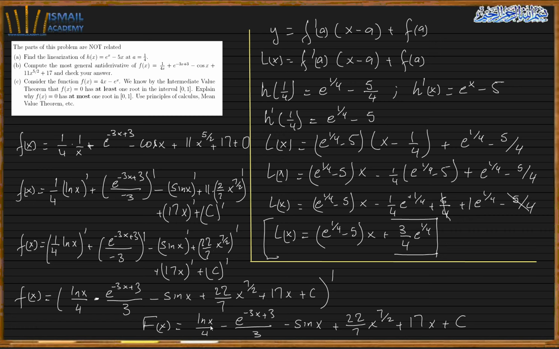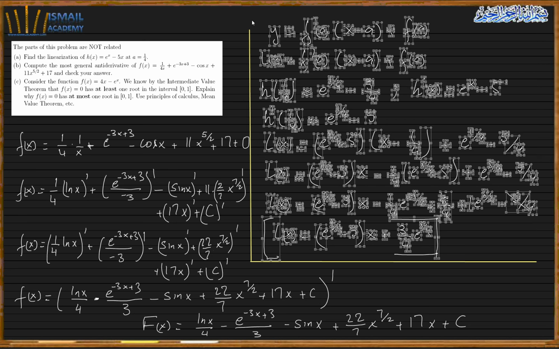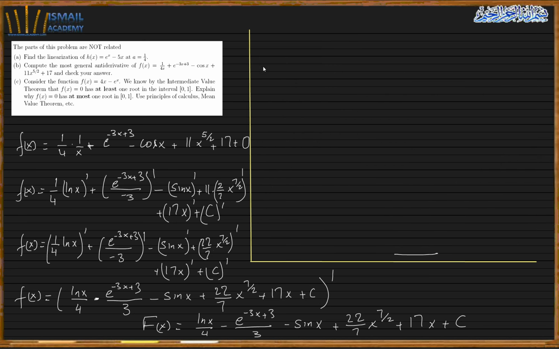Alright, so for number C, let me erase the top bar to get number C. The question is f of x equals 4x minus e to the x.